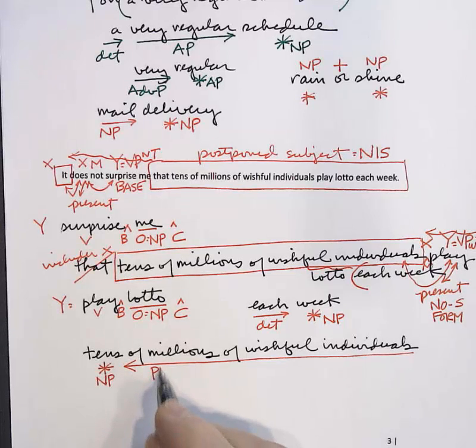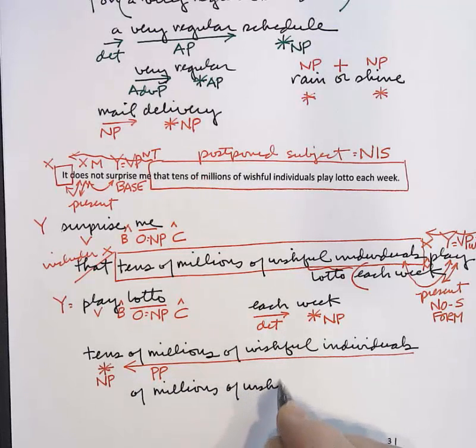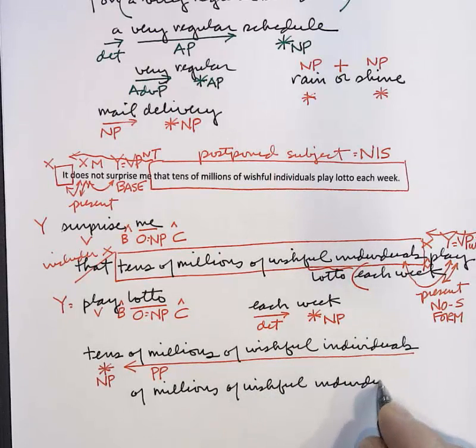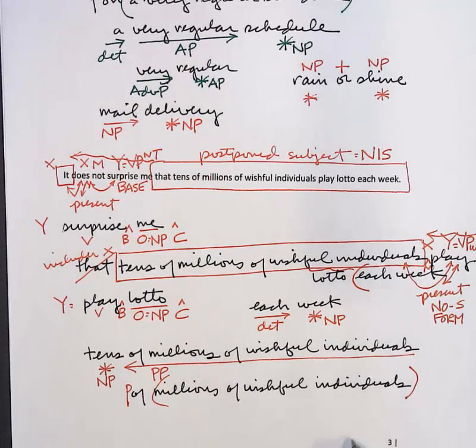That's a prepositional phrase. Let's rewrite our prepositional phrase: of millions of wishful individuals, and of is the preposition. Millions of wishful individuals is the object of the preposition, and that also is a noun phrase.